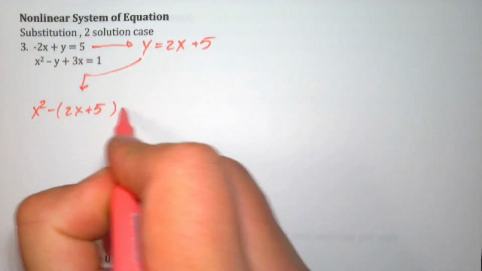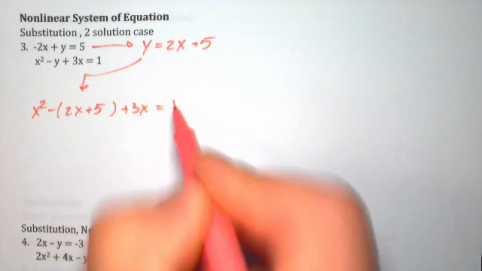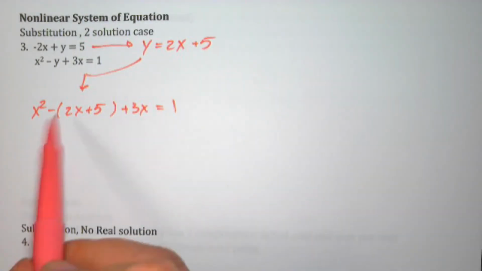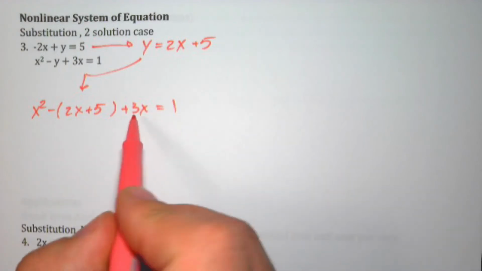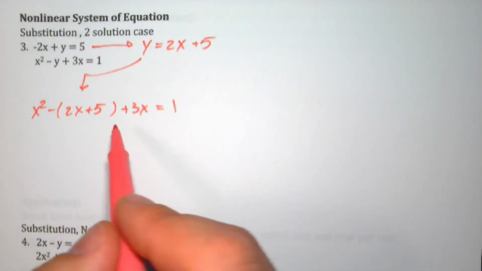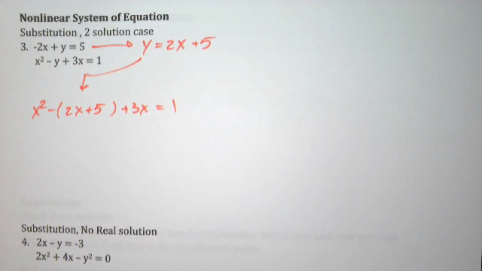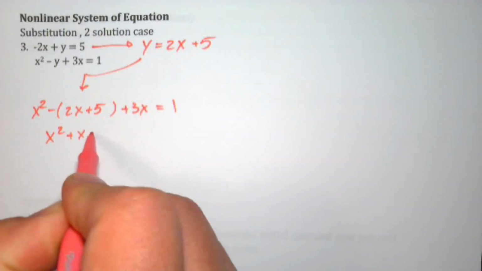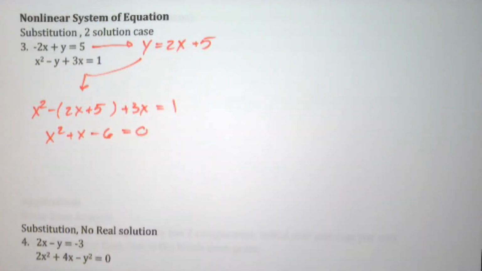We have that plus 3x, and that's equal to 1. So we're going to clean this up, right? We're going to distribute this negative, combine some like terms with our x's, and then I'm going to bring this 1 over as well. Reminder, it's something quadratic, right? So we want to set it equal to 0. When we do that, we end up with x squared plus x minus 6 equals 0.